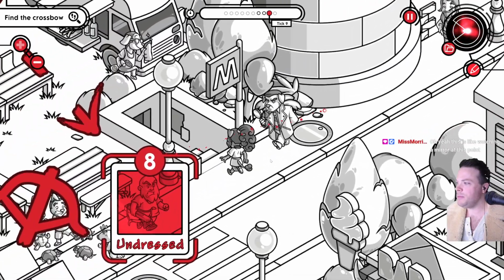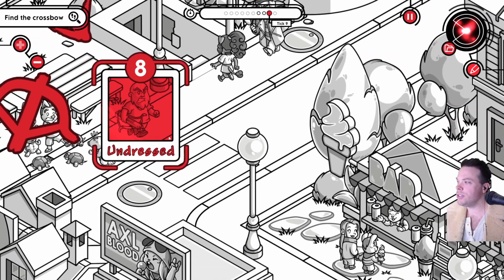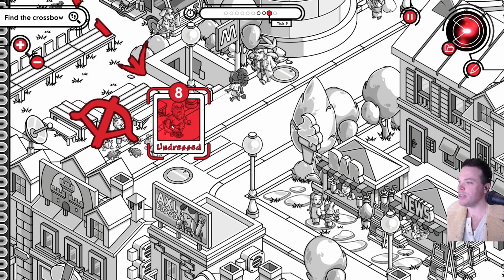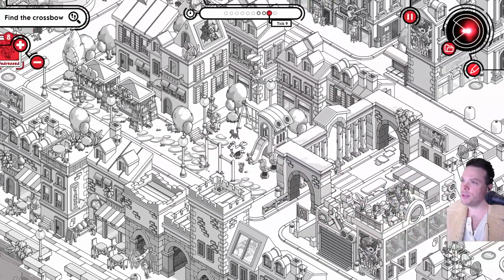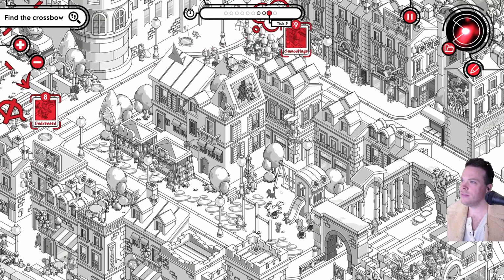Like, maybe he walked up, but it looks like he's crossing to this side of the street, not going up here. I suppose the other option is he's gone around this way, rather than my assumption that he's gone up here.